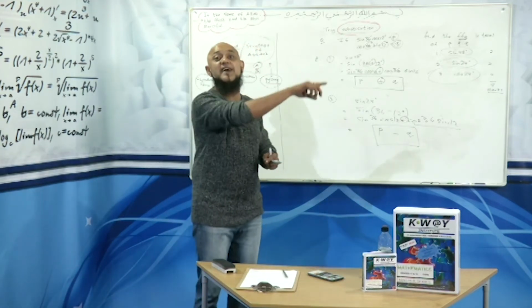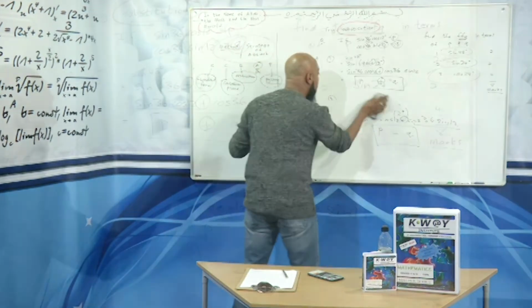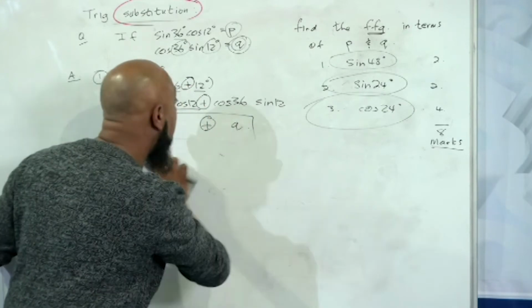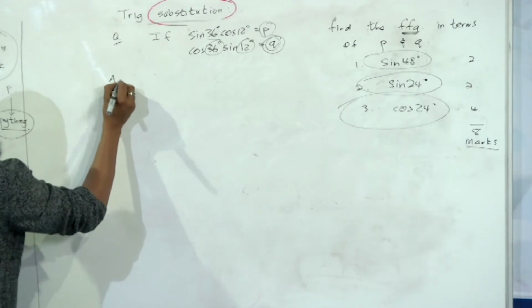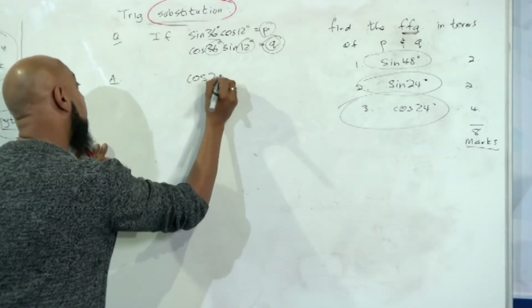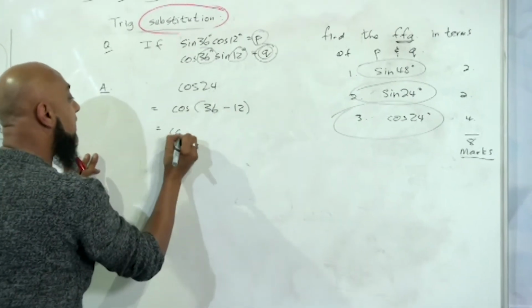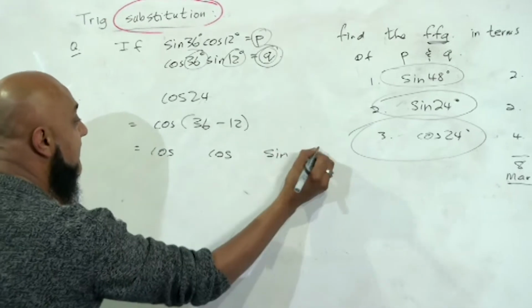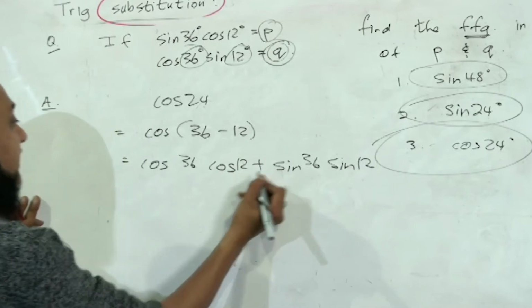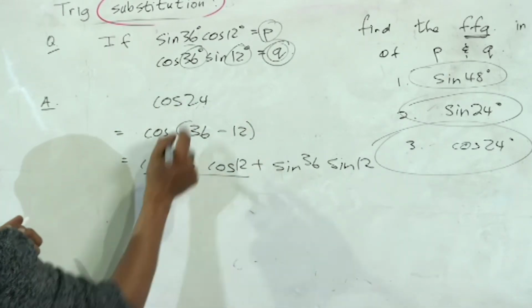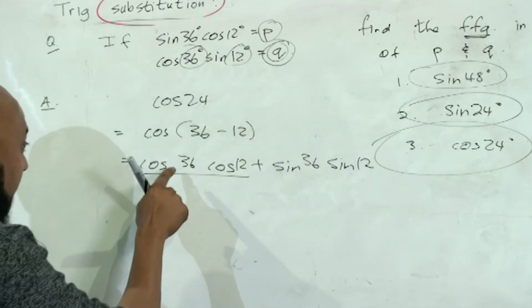It's going to be cos cos, sine sine, with 36, 12, 36, 12, and the sign changes because of cos. But you don't have cos cos, sine sine in terms of P and Q. You have sine cos, cos sine. We're coming towards the end of the show, so I'm going to start picking up the pace. We've just been signaled.